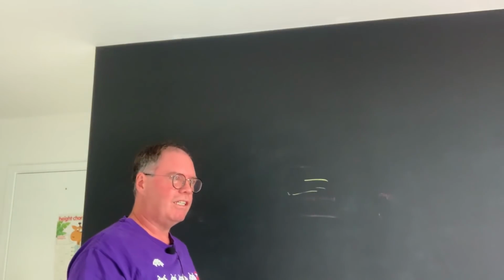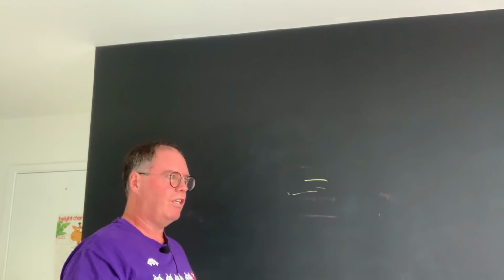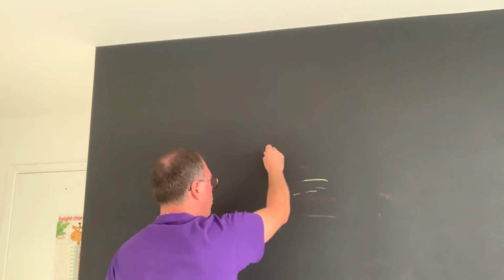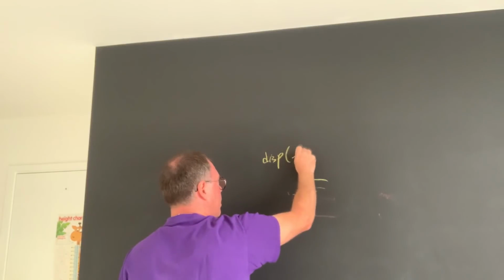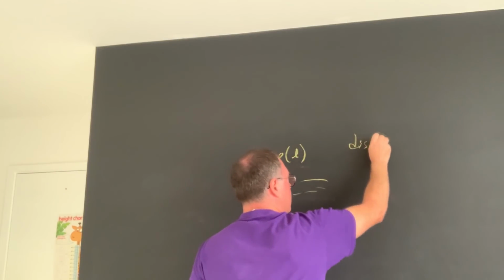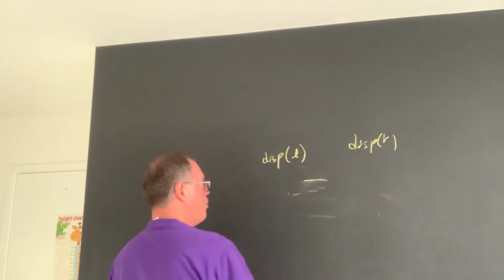So one of the things we can do is, if a programmer wants to dispose all of the nodes in a tree, to delete them, they can write a recursive procedure that works like this. If I dispose the left subtree, and I can dispose the right subtree, then I end up with no tree.